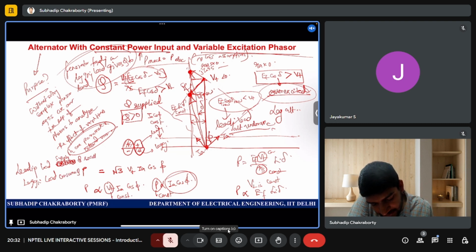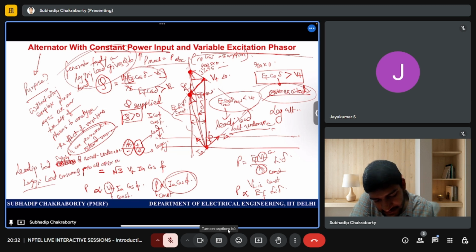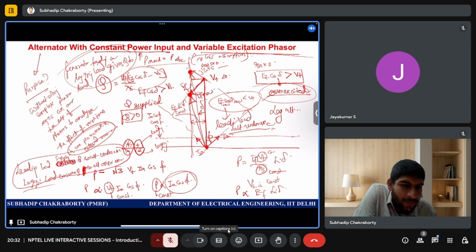So the alternator for a leading load should be under excited, and for a lagging load, since it is taking more reactive power, you have to provide more excitation, so it should be over excited. Please remember it. Even if you forget, you can quickly draw this small diagram and check that EF is more, crossing the tip, remember, then more EF is required for a lagging load.